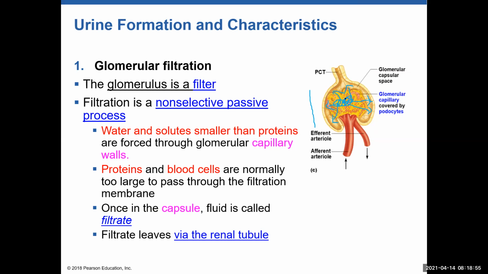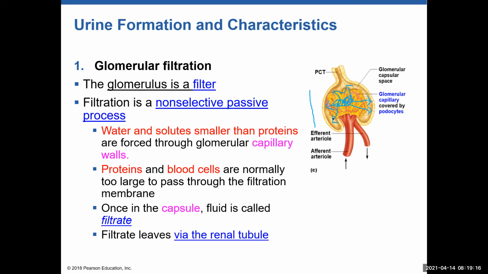Okay, and most of the solutes present in the plasma, that can be glucose, that can be hormones, that can be anything which we need actually in the blood. All those solutes can move into the Bowman's capsule.